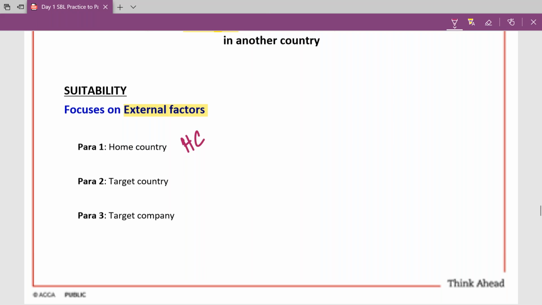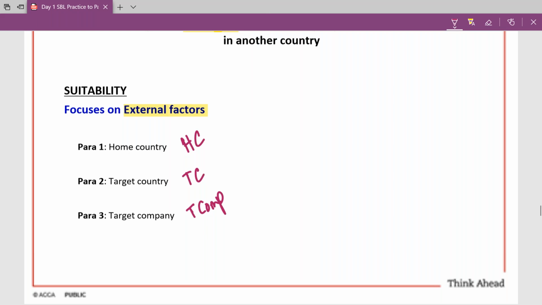For the target country, abbreviate it as TC in front of the paragraph. You can do your referencing by using abbreviations. Wherever you see information about the target company, you can mark it as well. So we need to mark this information while reading our case.